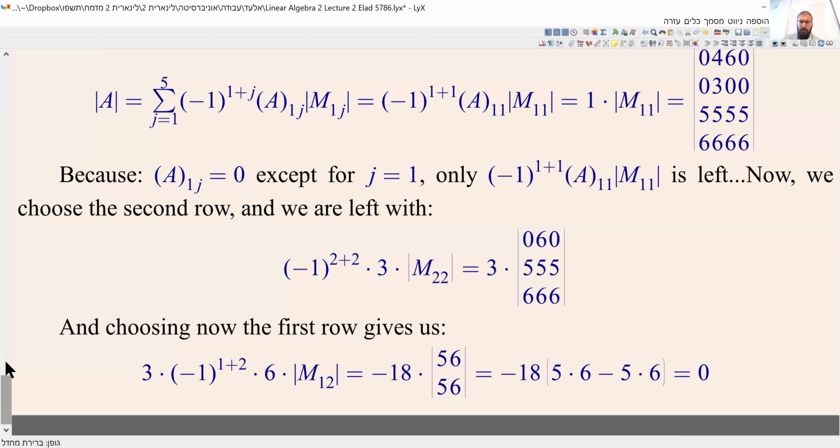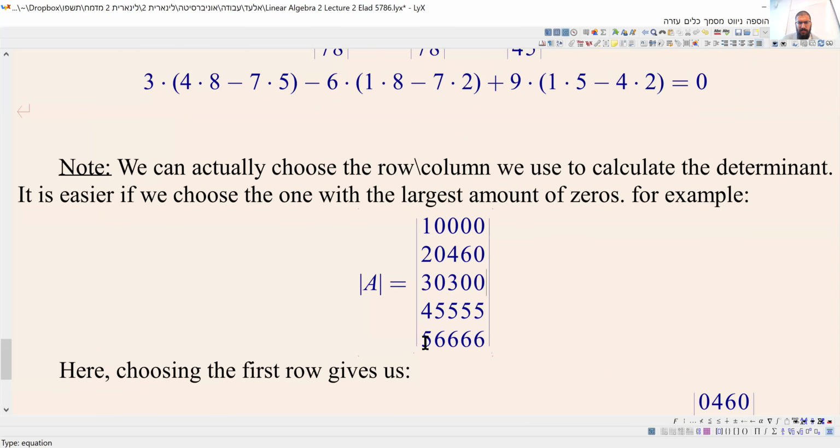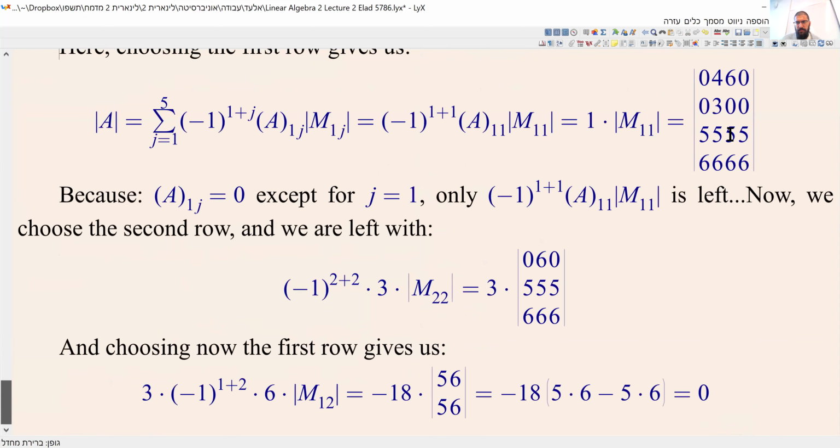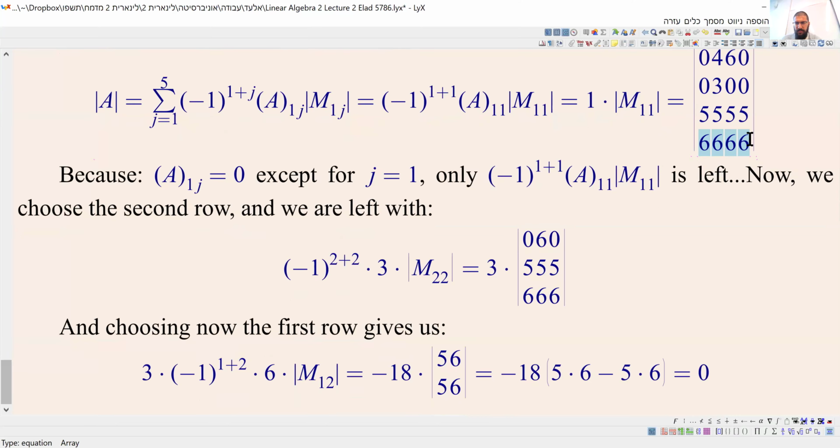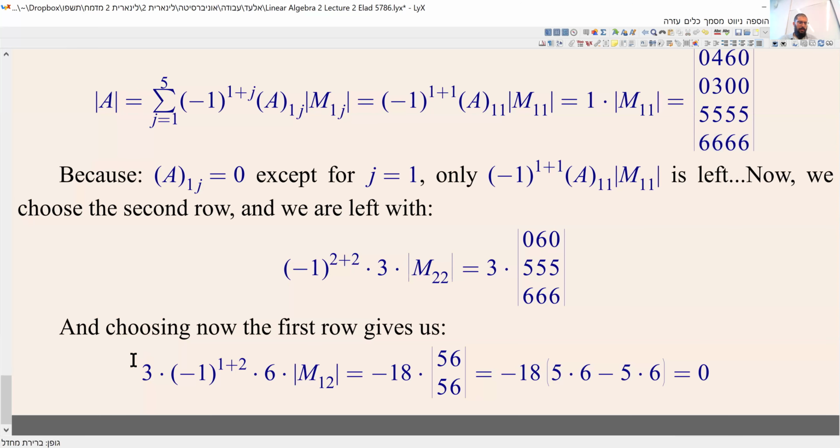Maybe we could already see it here. No, it's more complicated here, but when we actually have this row and this row as multiplication of one another, we know that the increment will be 0. Like if I changed the 6 for 7 or something like that, it wouldn't be 0, but it doesn't matter. The principle is important. That's what I want to show you here. You can actively choose the row or the column you want to use in order to make it easier for you.